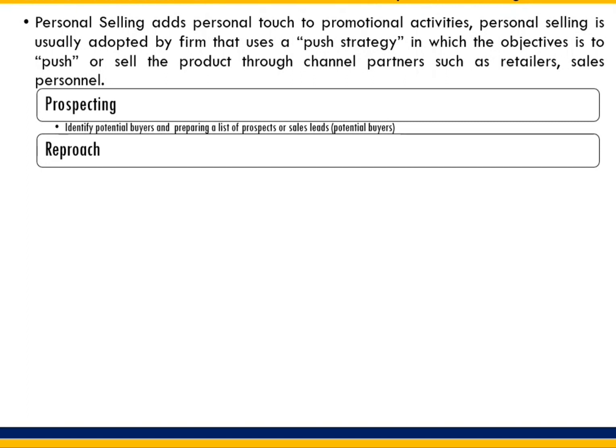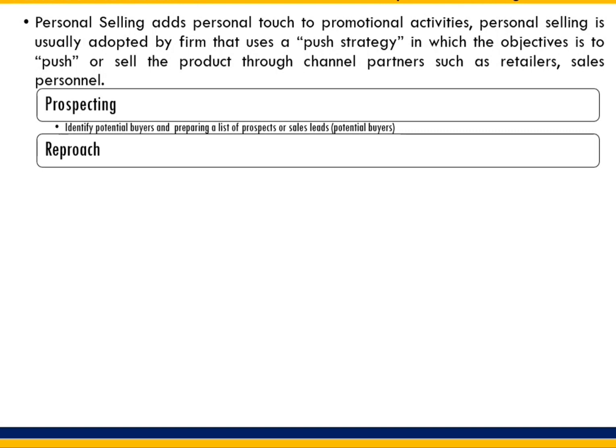Basically, in this pre-approach, the sales personnel is trying to collect relevant information and prepare his presentation. You have to do an outline of the aspects that need to be presented and the points that need to be discussed when you meet the customer.